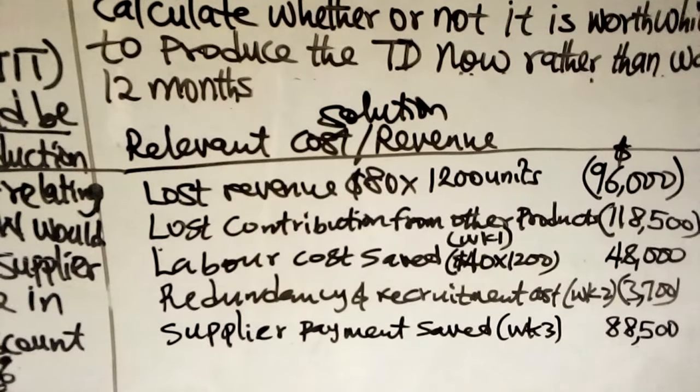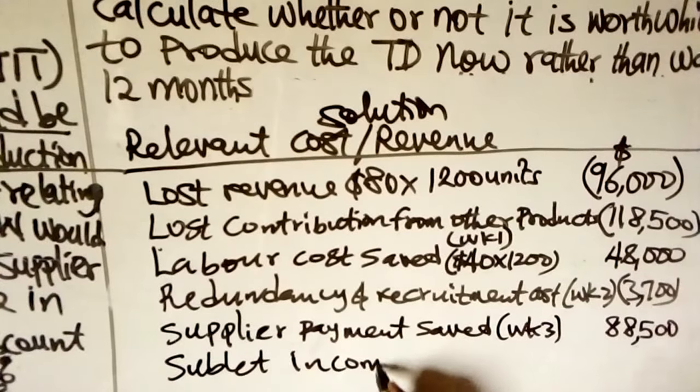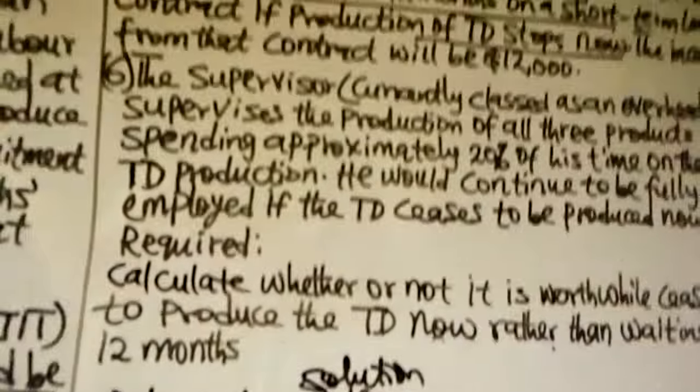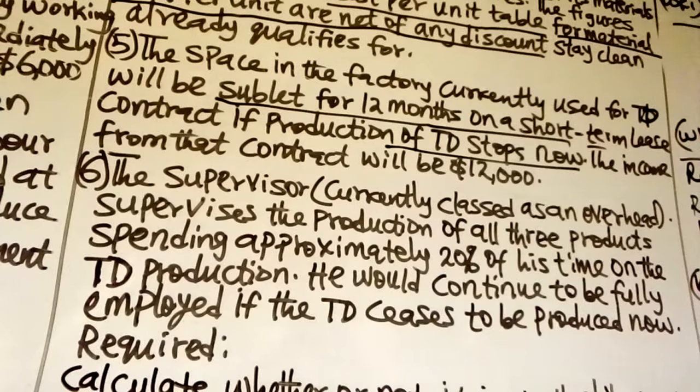So sublet income is $12,000. That is from additional information note 5 of the question.